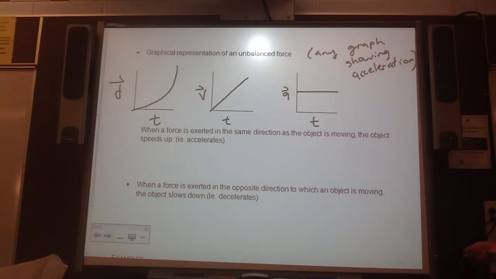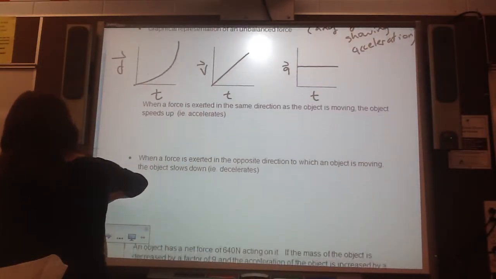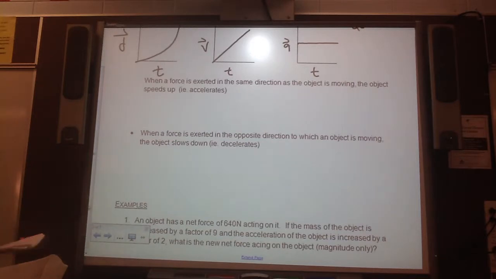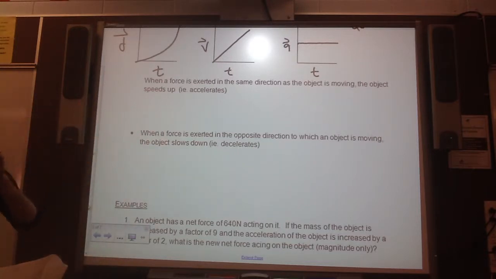Now let's briefly review what acceleration and deceleration are in terms of our vectors. We did this before, but we're going to look at it again. When a force is exerted in the same direction as the object is moving, the object speeds up. So which direction did my vectors both need to go? The same way.